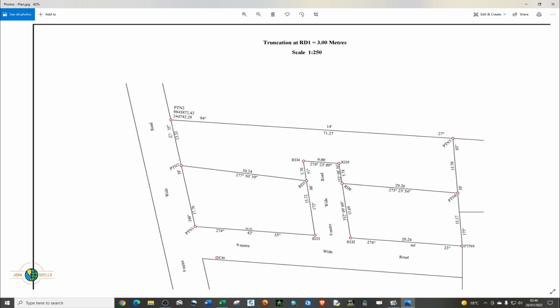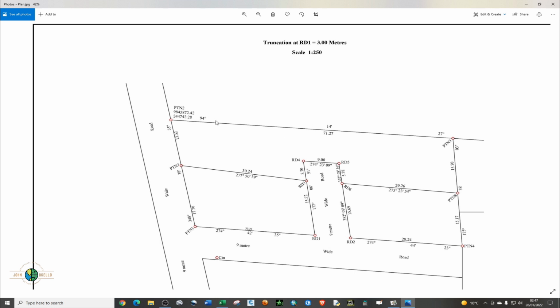Then we're going to calculate the coordinates of these outer points, mostly the corner beacons, and we're going to use Excel. So we're going to move from PTN2, and I already have the coordinates right here. The good thing is that we have the bearing and we have the distance.